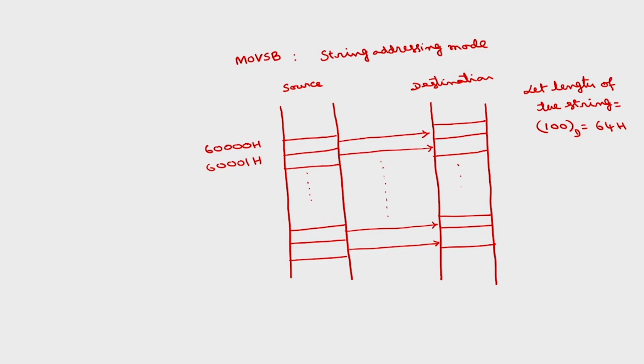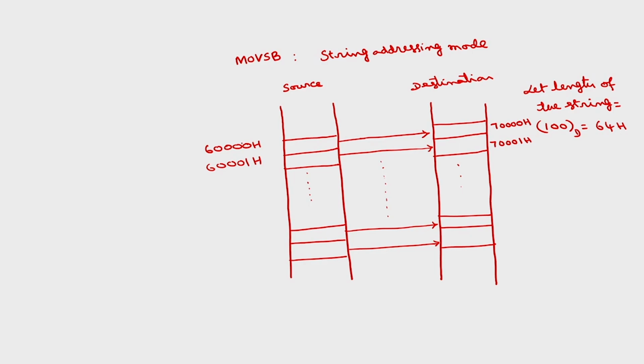I want to transfer 100 bytes starting with this address to this destination. Say the destination address is 70,000 H, then 70,001. In total, I want to transfer 64 H locations. In decimal this is 100, and converting decimal to hexadecimal gives 64 H.